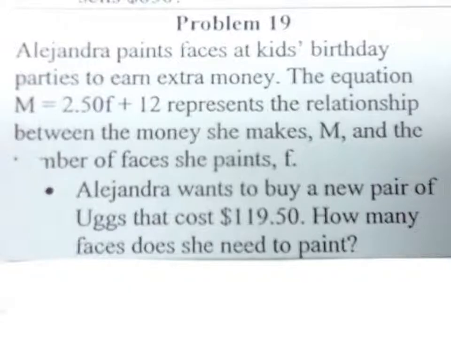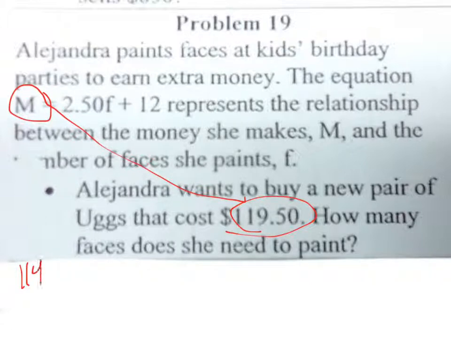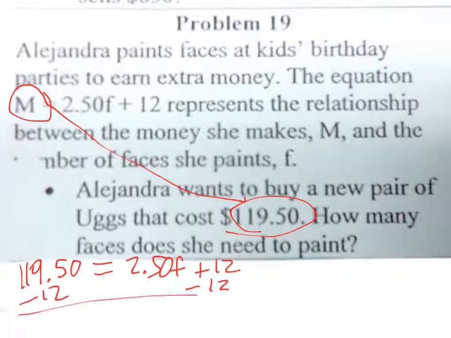19, Alejandra, she needs to figure out how many faces to paint. She wants to get this total, so she's going to put that there, where the M is, $119.50. And it's 2.50 times the F, plus the 12 there. You need to get the F by itself, so subtract 12 from both sides.